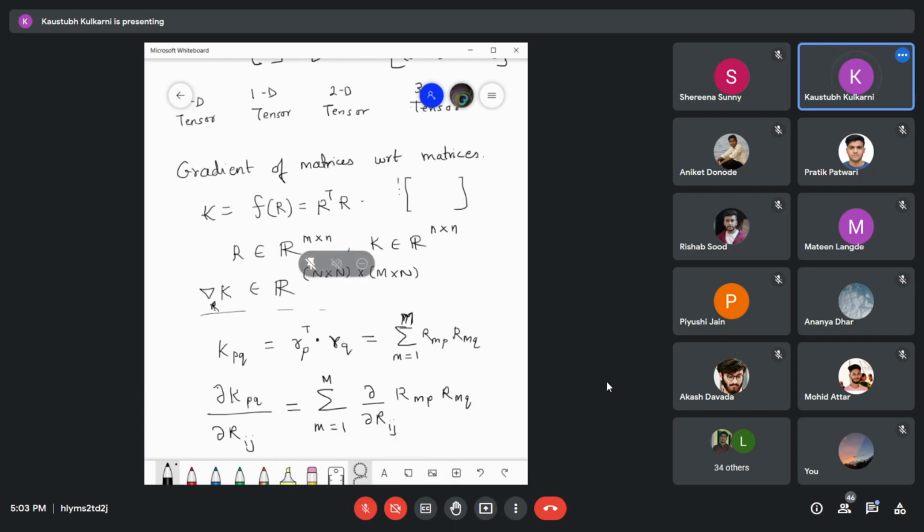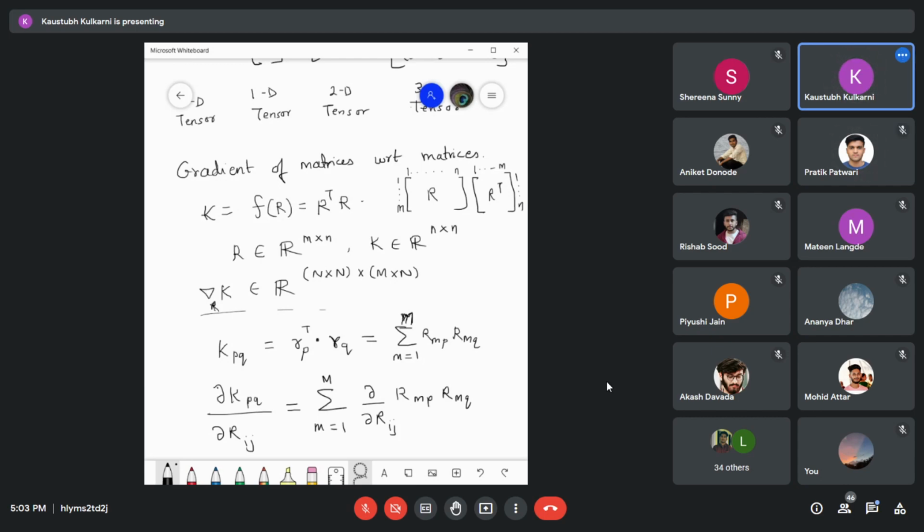R transpose actually has m columns and n rows, and R has m rows and n columns. So I'm multiplying R transpose with R.